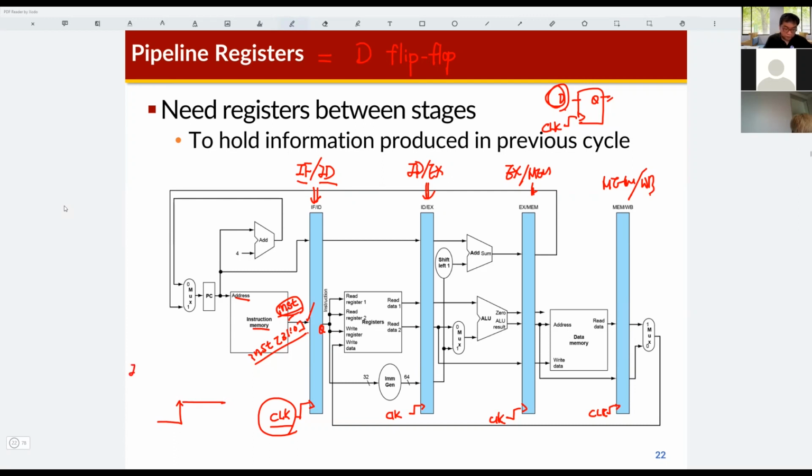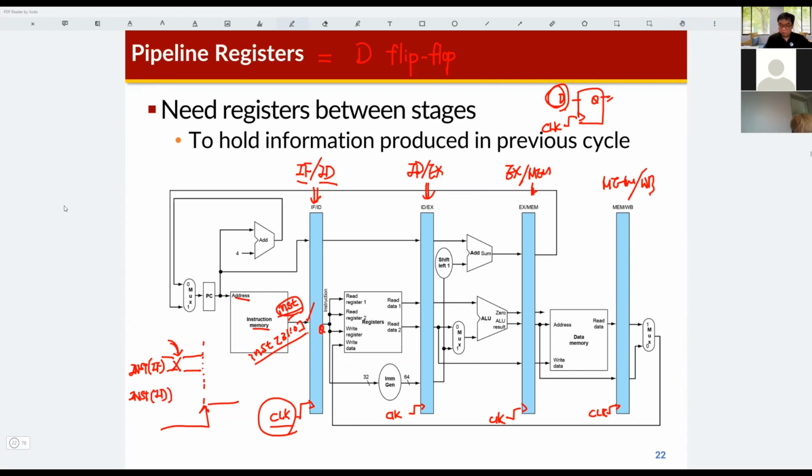Then this is the instruction in the instruction fetch stage. This instruction will be generated at this point, just before this rising edge of the clock here. So it is read from the instruction memory at this timing. Then what is the instruction in the ID stage?